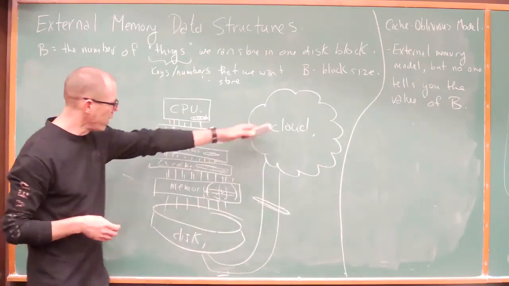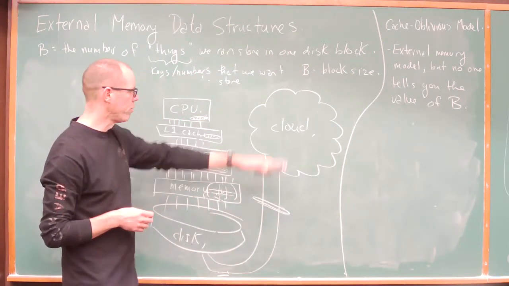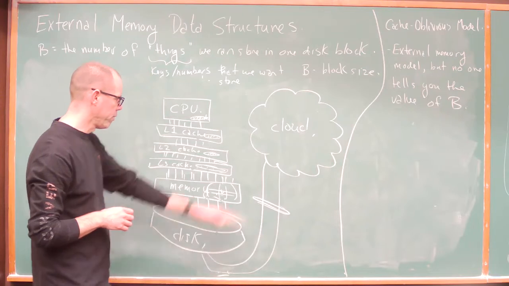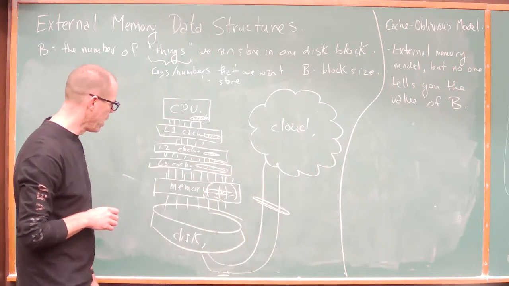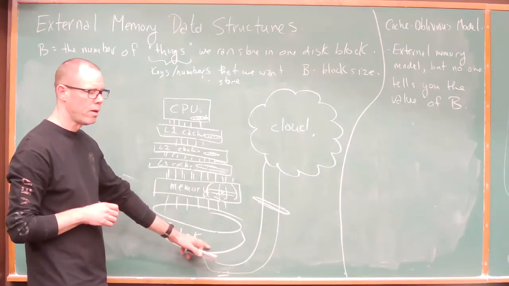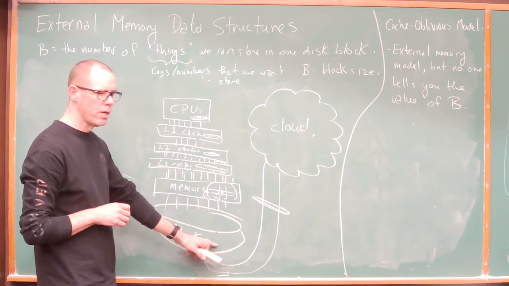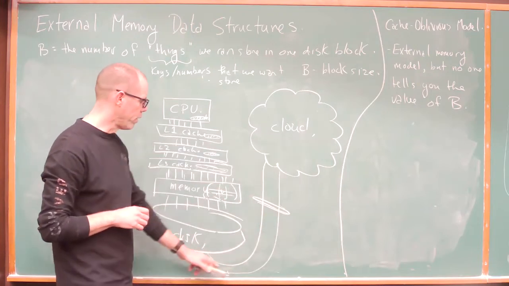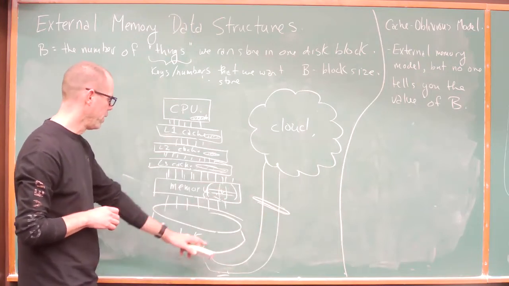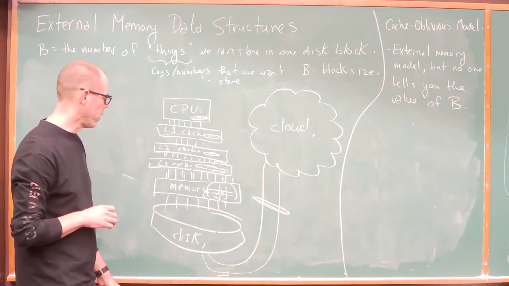How big that stuff is depends on the protocol for sharing, for getting things off of this cloud. But it should be bigger than the disk block size, because retrieving stuff over a network is much slower than pulling it off of a local hard disk.